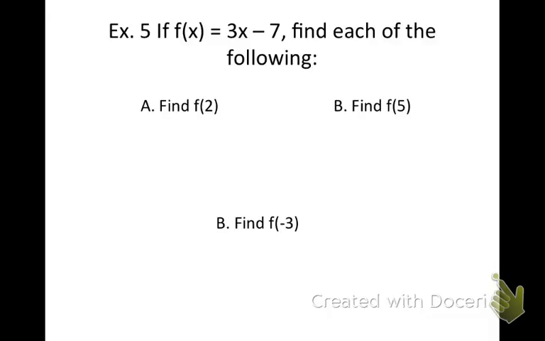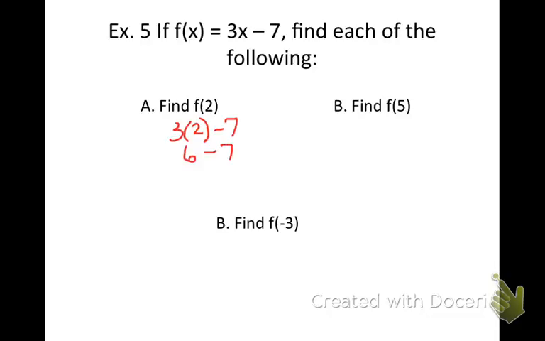So example 5. If f of x is equal to 3x minus 7, find each of the following. So we have the same rule, and now we're going to find f of 2. So we would take 3 times 2 minus 7.